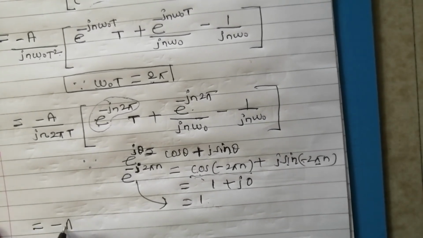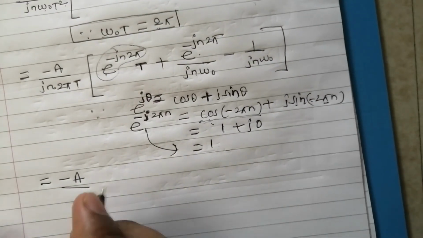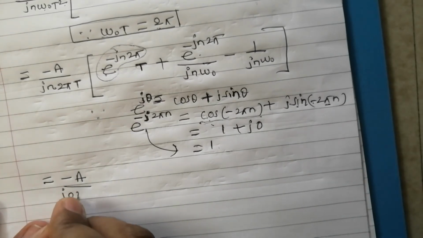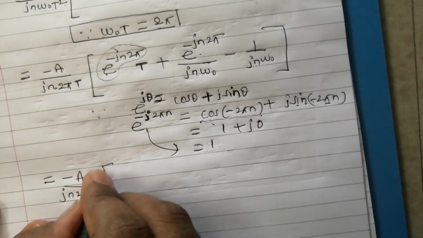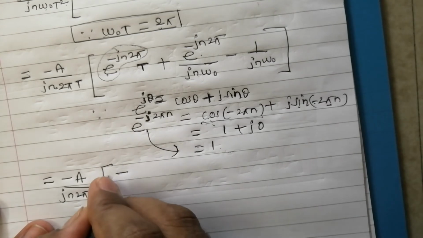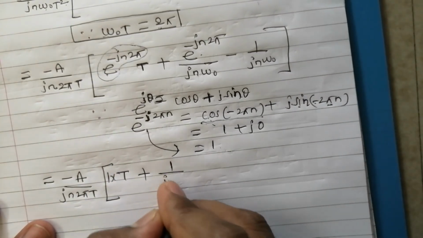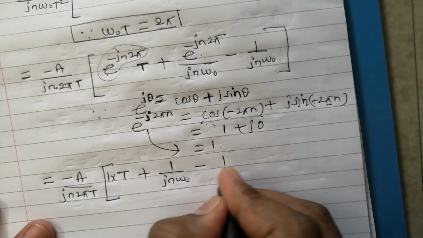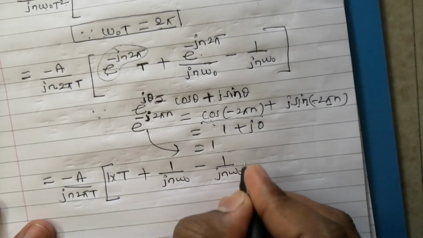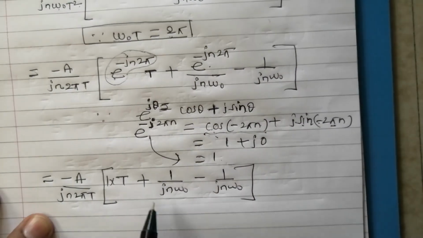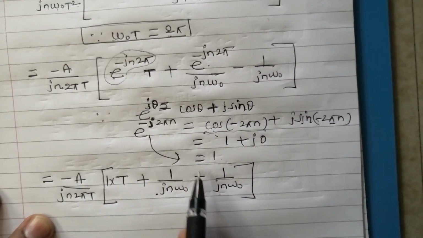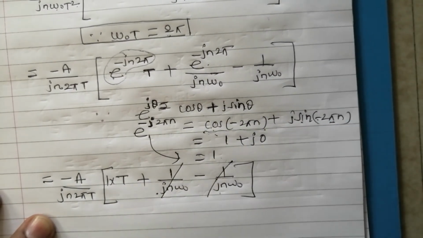So minus A upon jn 2 pi, and in the bracket this is 1 into t plus 1 upon jn omega naught minus 1 upon jn omega naught. As you can see here, these two are similar with opposite polarity, so this will be cancelled out.